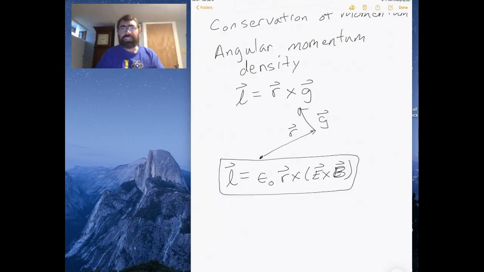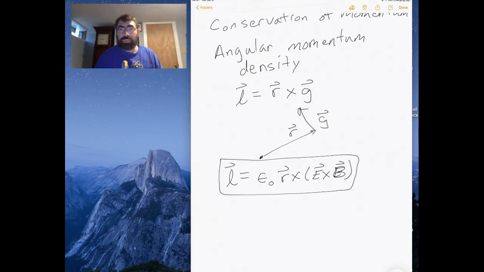And now I have a relationship for that. So now I can come up with the angular momentum density for electric and magnetic fields, which is pretty interesting. If I have electric and magnetic fields in some volume, there is some angular momentum associated with those fields if I'm considering some point that's far away, and those fields could, through conservation of momentum, transfer into rotations.